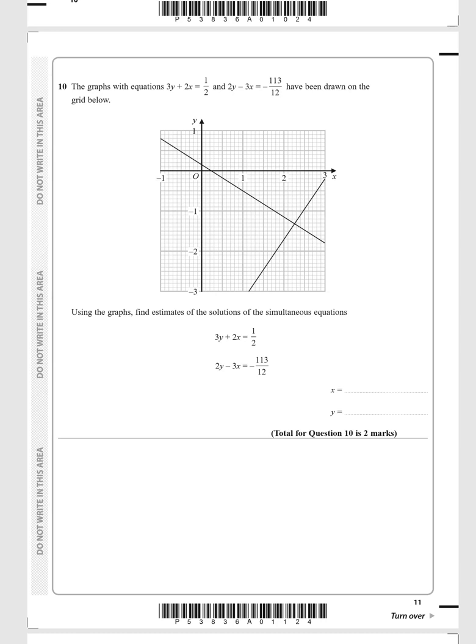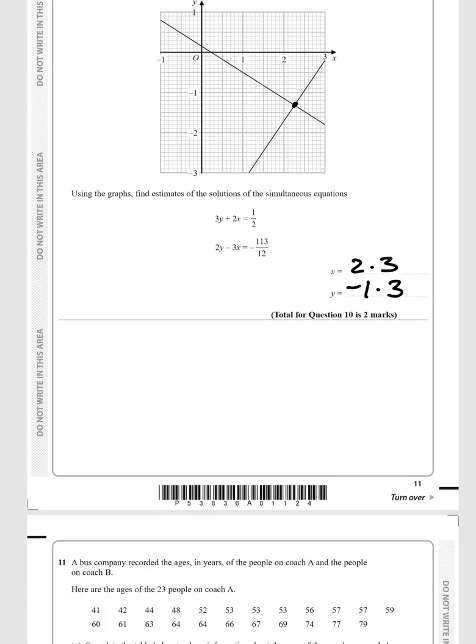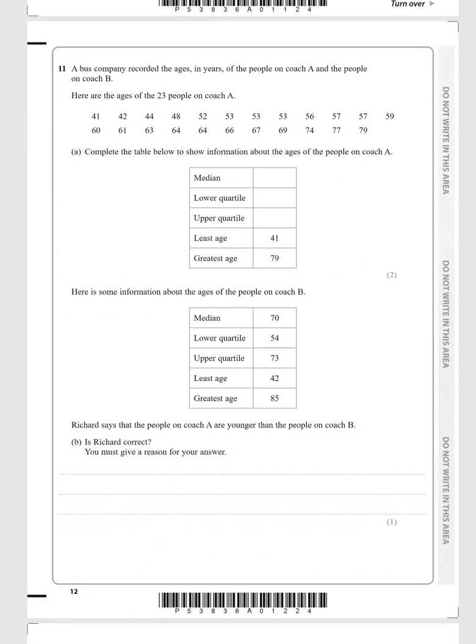Right, so this is basically where these two lines cross, so it doesn't matter which one is which. So all we need to do is figure out where they cross. So that is, I would say, 2.3. And the y value is going to be minus 1 point, I think that's 3 as well, so minus 1.3. So just reading off the values of that point. Right, that's fairly straightforward.